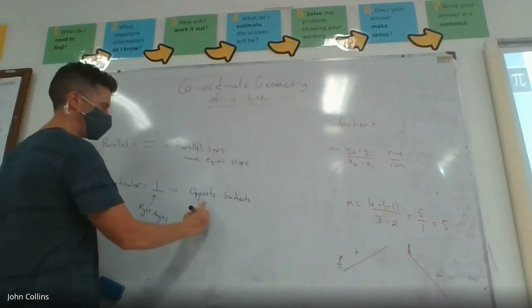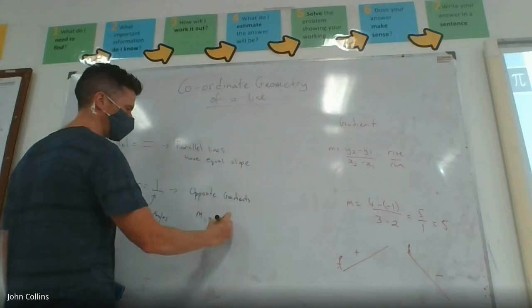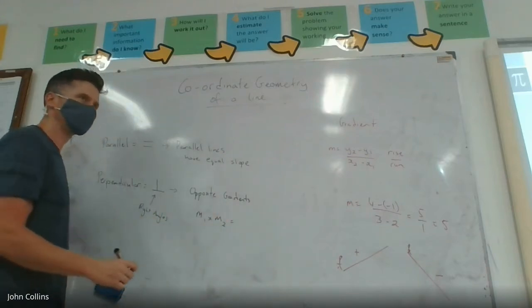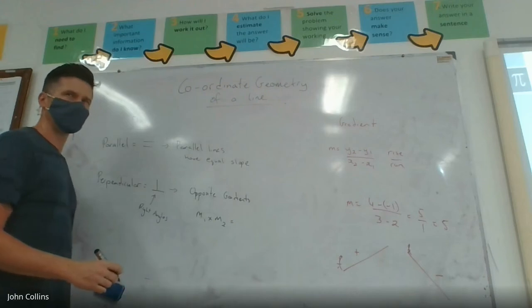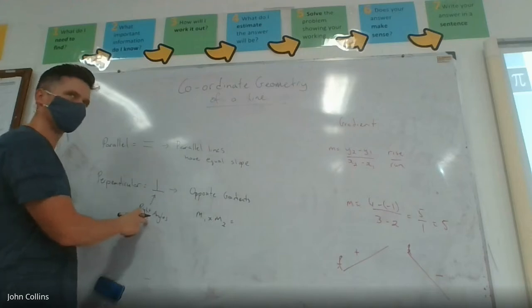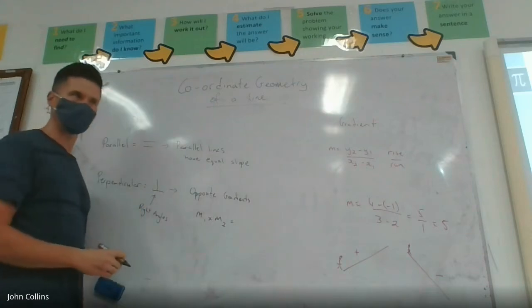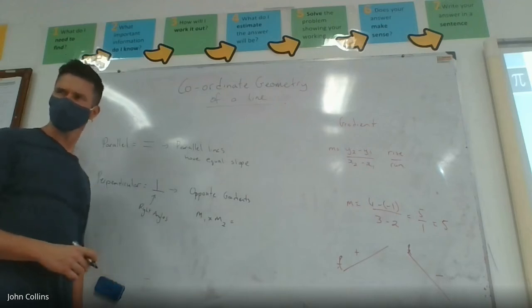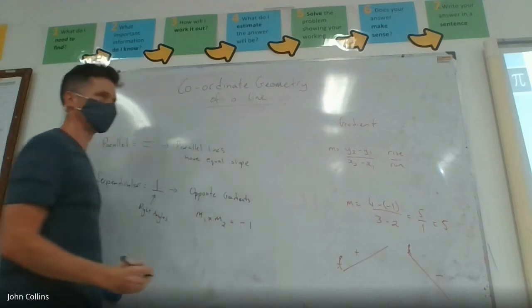But if you multiply the two slopes together, what answer would you get? Always? If I multiply two slopes and I know they're perpendicular, what answer should I get? You get -1.